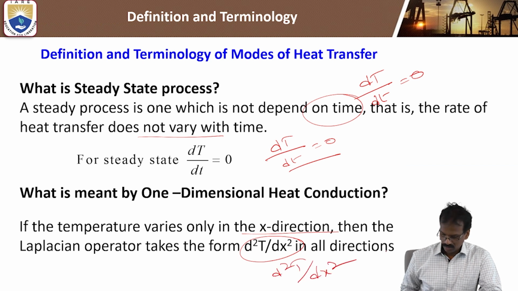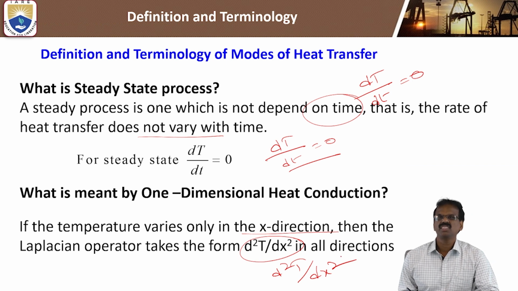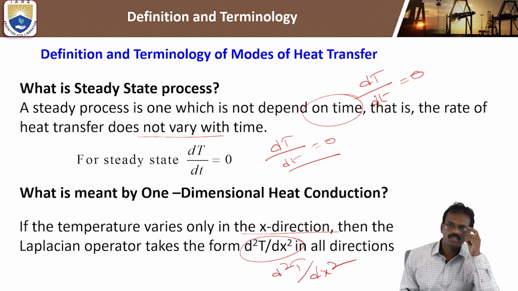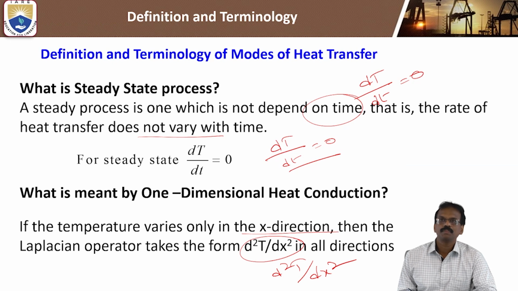That is called the one dimensional heat conduction equation. By using this we can find out the conduction equation for slabs, and the conduction equations for cylinders and spheres also.